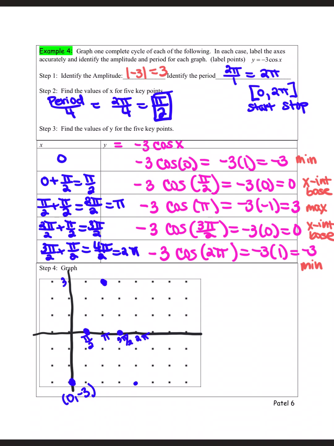We have 2 pi, negative 3. I'm connecting that. Notice all the negative sign did is reverse or flip the cosine function.